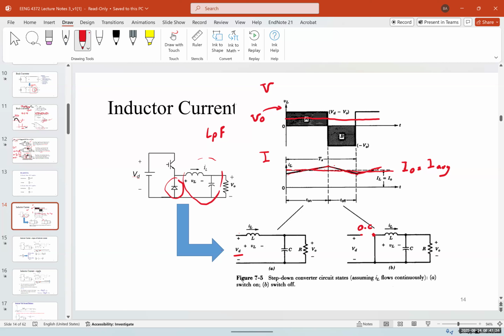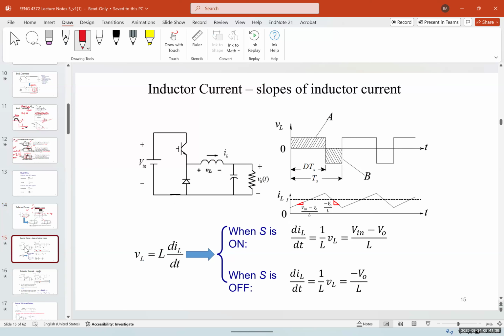So step down converter circuit states, assuming IL flows continuously. In picture A, the switch is on or closed, and in B, the switch is off or open. Now let's study the inductor current slope.